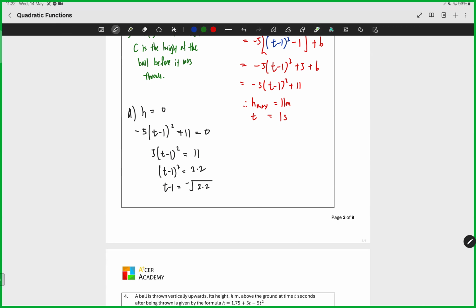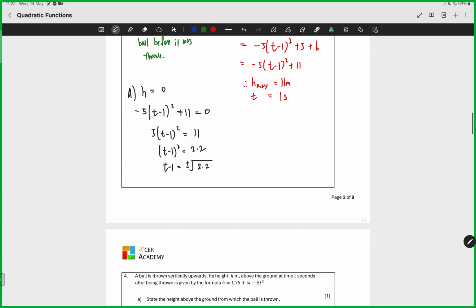Now usually we'll do the plus minus square root of 2.2.